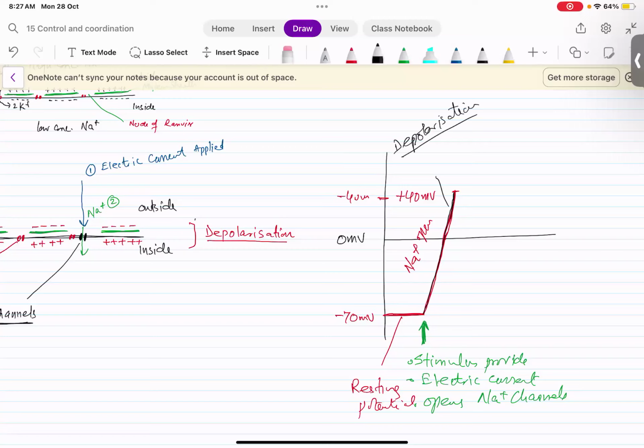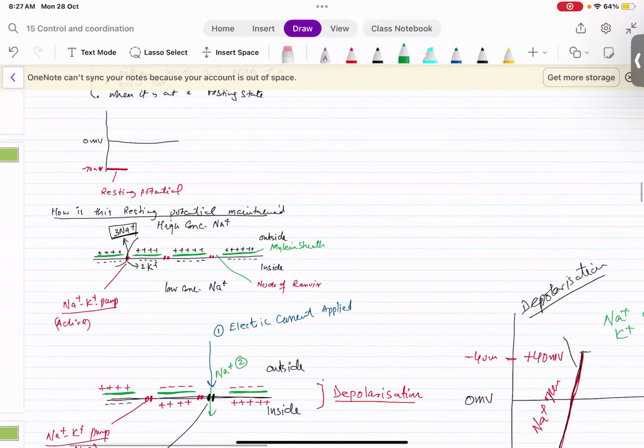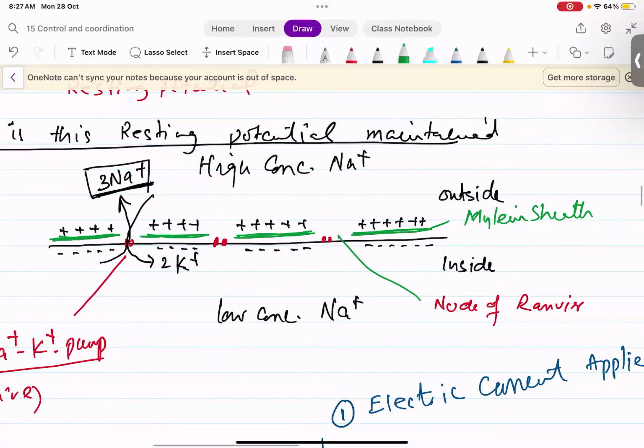When this reaches plus 40, sodium channels close and potassium channels open. So when the potassium channels open, potassium goes out of the cells. As you already know, during the resting potential, sodium ions were being pumped out of the cell, and potassium ions were being moved into the cell.